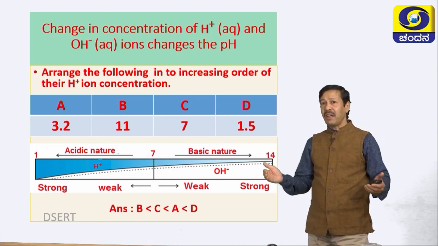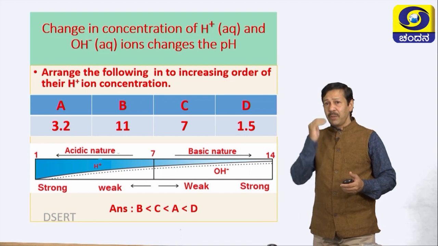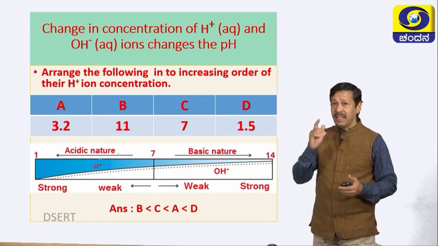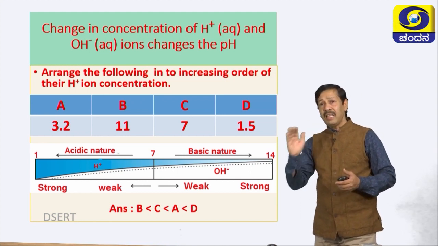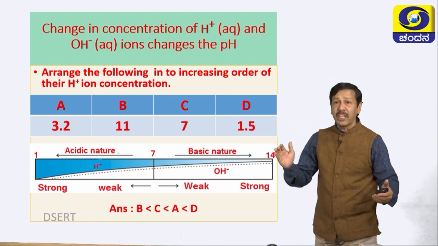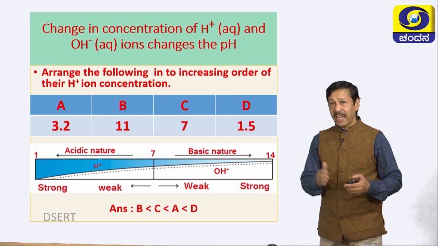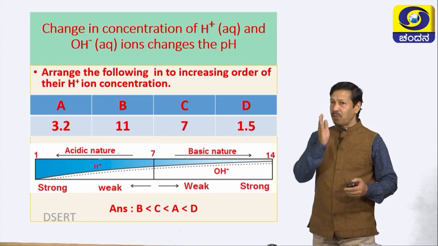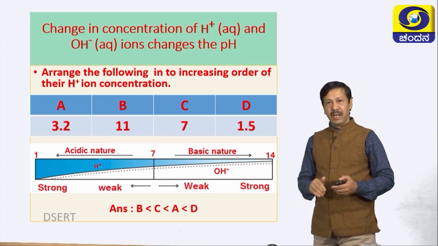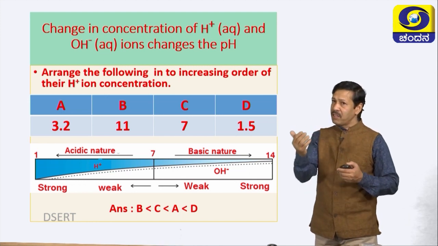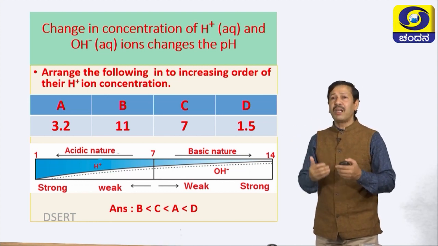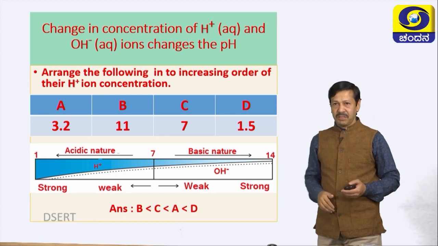Next comes A, that is 3.2, and D is 1.5, highly acidic with maximum H plus ion concentration. These kinds of questions are expected in the examination, so prepare for that. I gave some hints, so based on this you are able to answer a variety of questions.